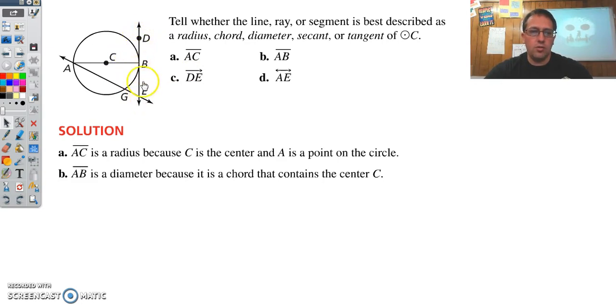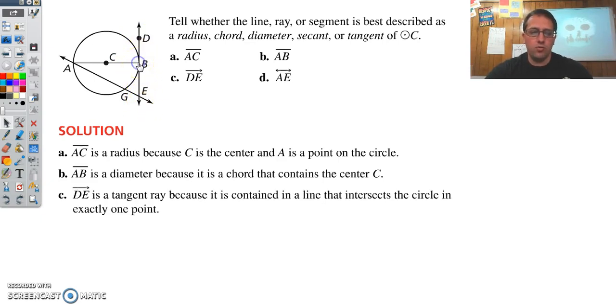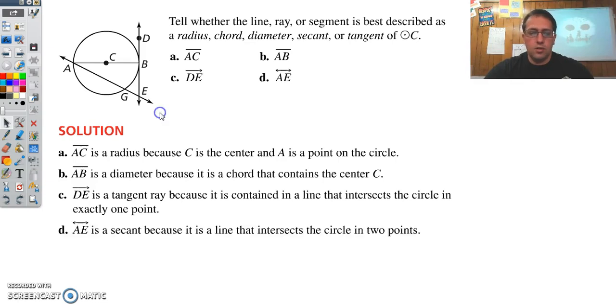Ray DE goes here. It touches point B and keeps going. This is the only point it touches, so this is a tangent ray. And line AE goes all the way through the circle, goes inside the circle, comes back out. It's a line, so this is a secant.